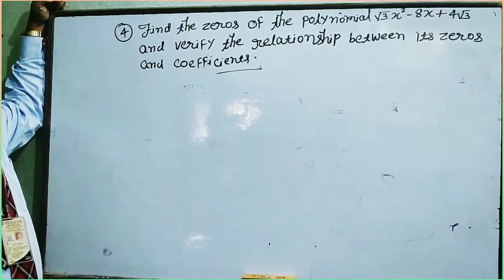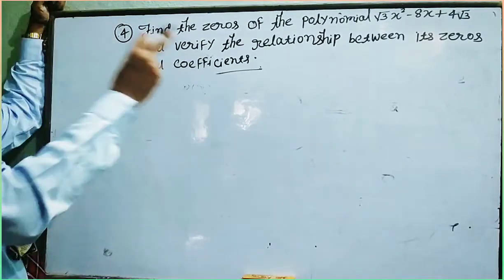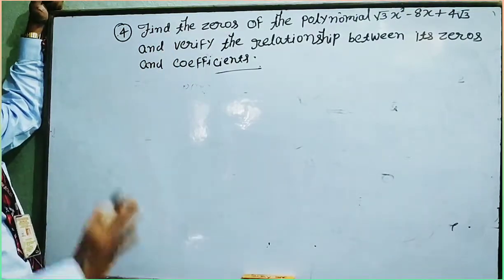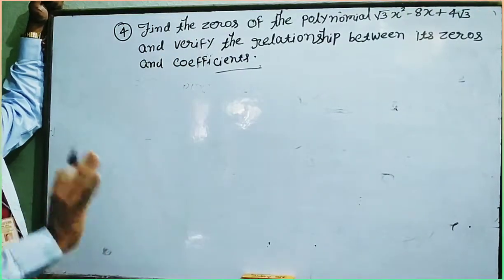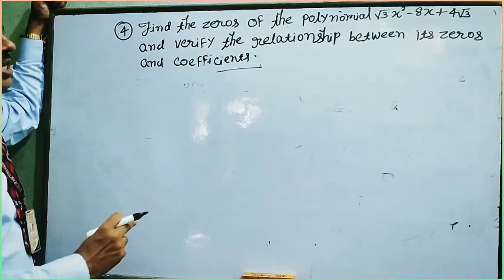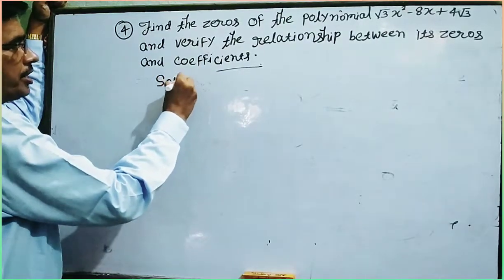Next question. This question is also like question numbers 1 and 3, but here some irrational numbers are given. So I want to solve this question. The question is saying: find the zeros of the polynomial and then find the relation between the zeros and coefficients. So dear students, first write the solution.